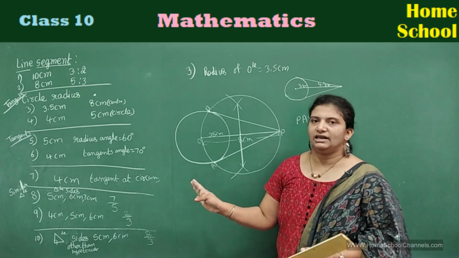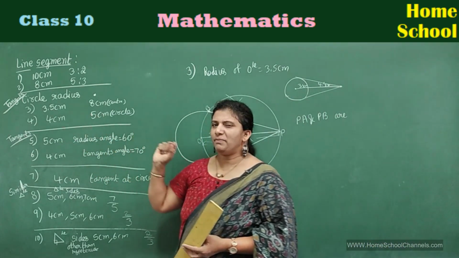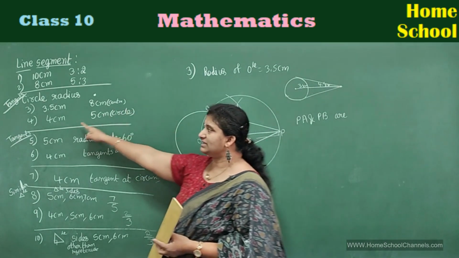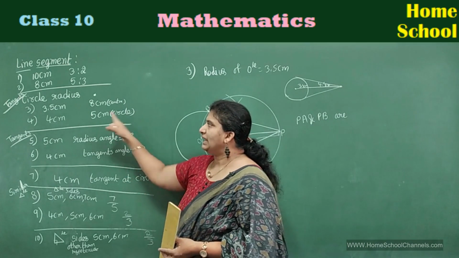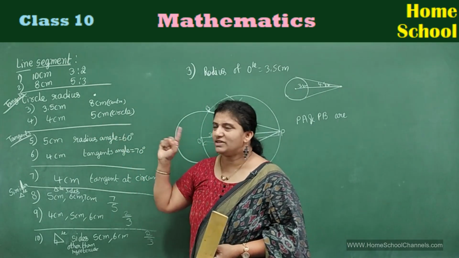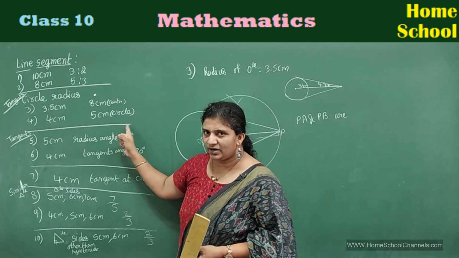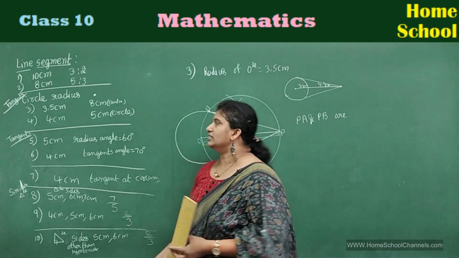Okay, similarly, you need to do another problem. What is that problem? Draw a pair of tangents to a circle of radius 4 centimeters, and the external point is 5 centimeters away from the circle. Observe the word what I am saying: 5 centimeters away from the circle.